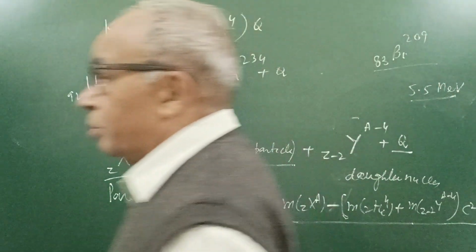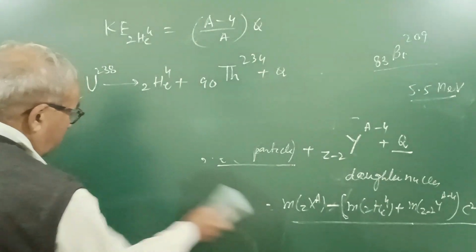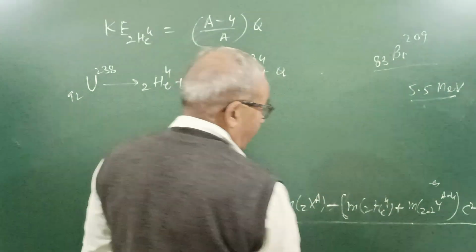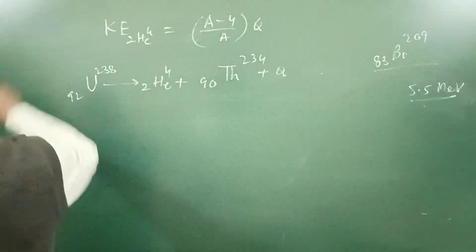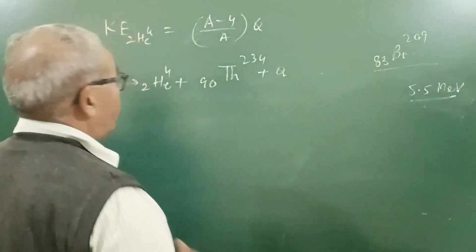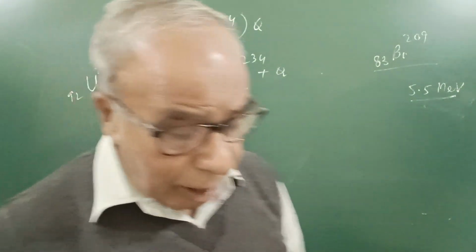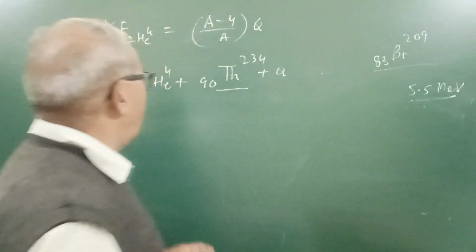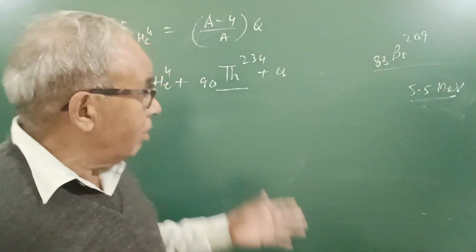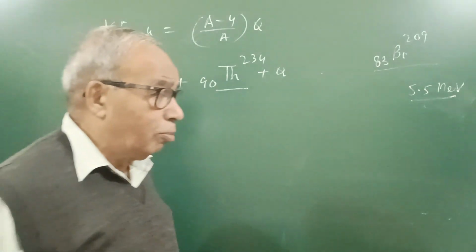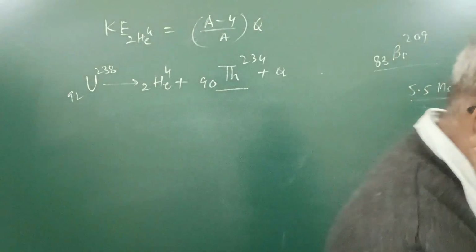Alpha particles are emitted by heavy nuclei like thorium and bismuth. Now this thorium may further be stable or unstable; that is another thing, we will discuss later. But you are requested to learn the mass number and atomic number of some heavy elements like uranium, thorium, plutonium, radium, etcetera, and there are many more elements.